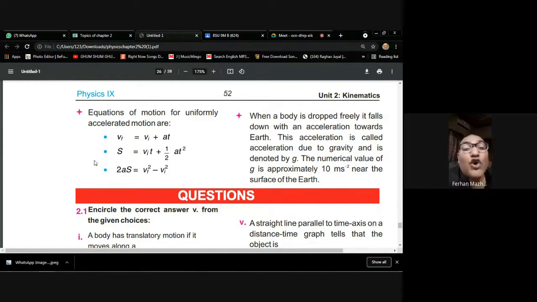But if you are going vertically upward, for example, a rocket being launched and going upward, the value of g will be taken as negative. It will be minus 10 meter per second square, because now it will have deceleration. Its velocity will gradually decrease as it goes up.